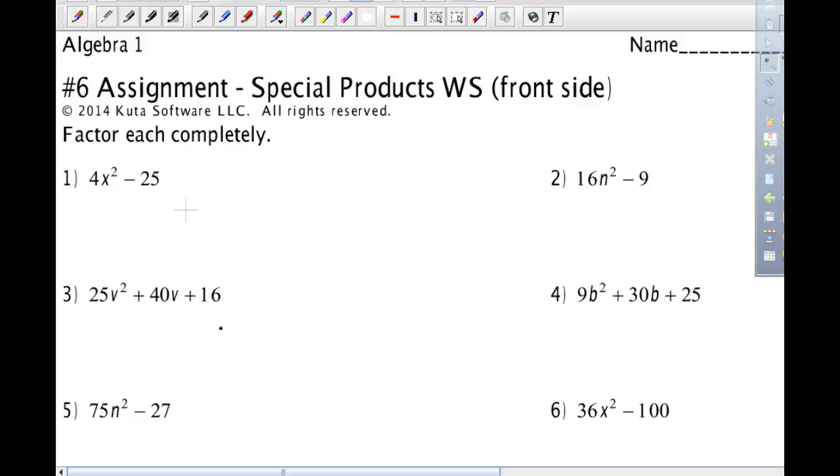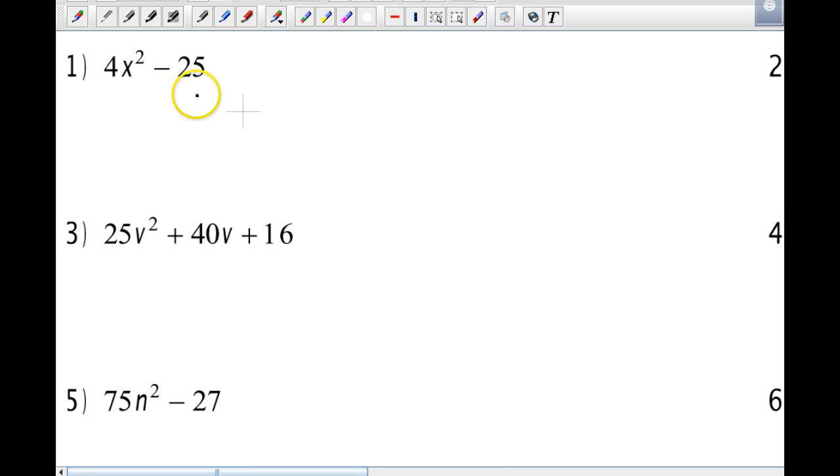But when you get to number 3, you'll notice, well, that's not the difference of squares. There's some here that you can still use a shortcut, but it's not the same.